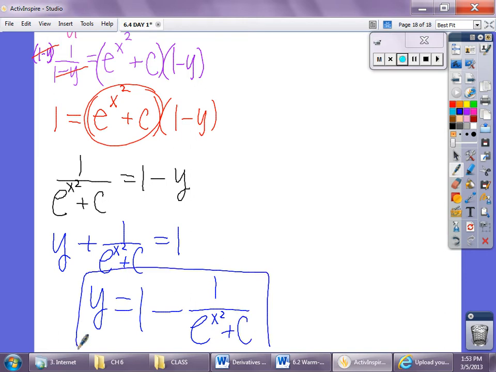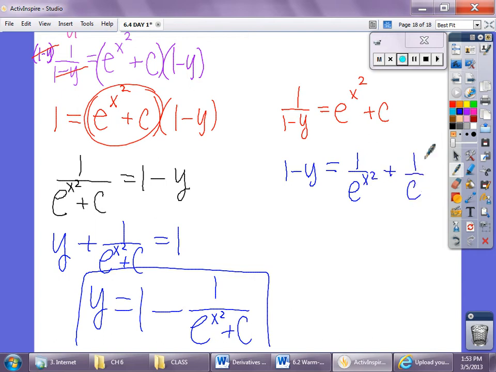I'm going to show you the major mistake that I usually see: people feel like, oh, I want to reciprocal that, so we do 1 minus y, and then they start doing this. And that does not work. You can reciprocal both sides completely, but you can't do term by term.